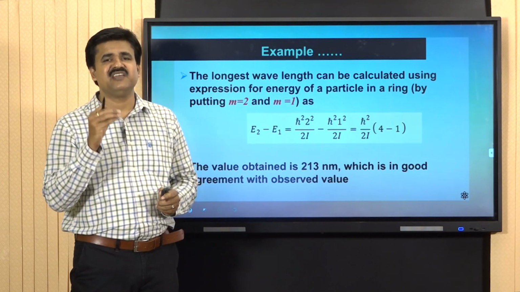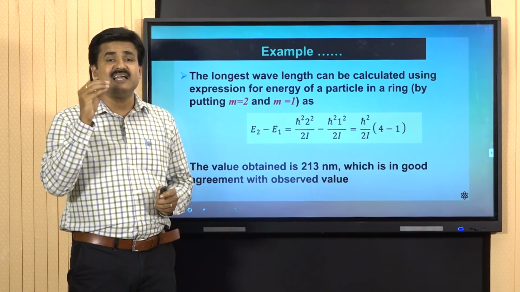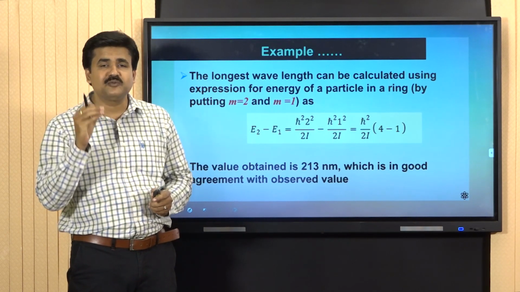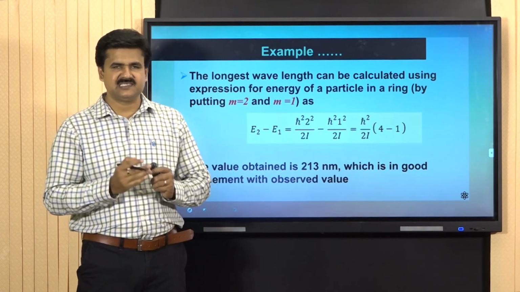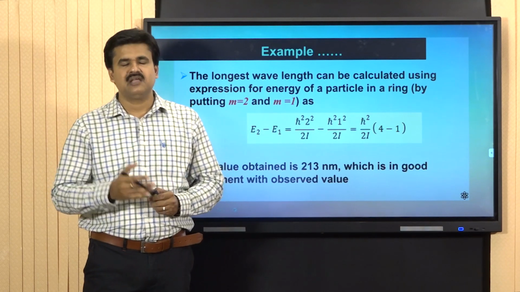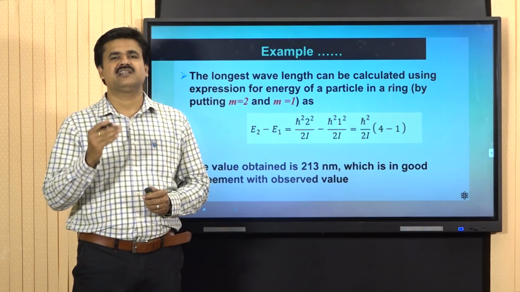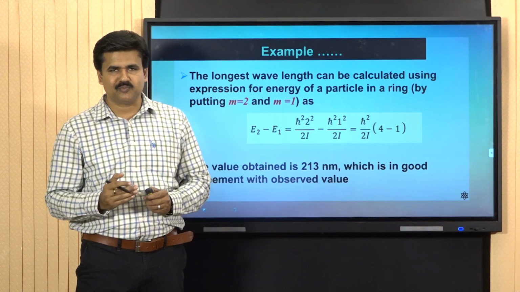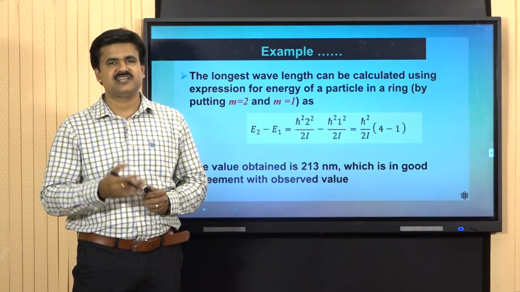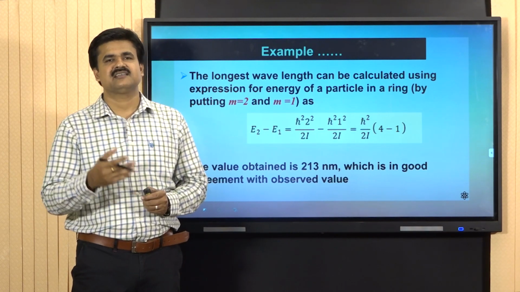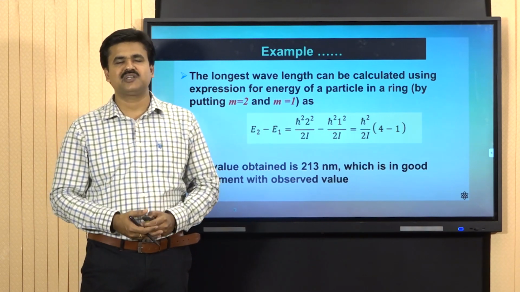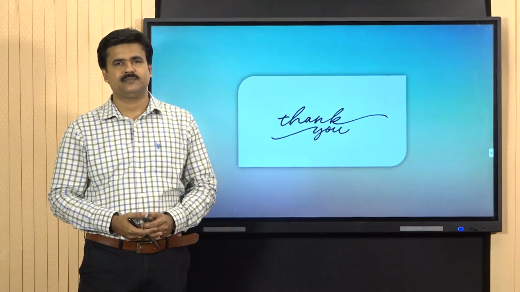And this value is in good agreement with the observed longest wavelength for the benzene molecule. Thus, in the present discussion, we have studied the particle in a ring problem, its Schrodinger wave equation, different solutions, expression for energy, wave functions, etc. That is all about the presentation. Thank you.